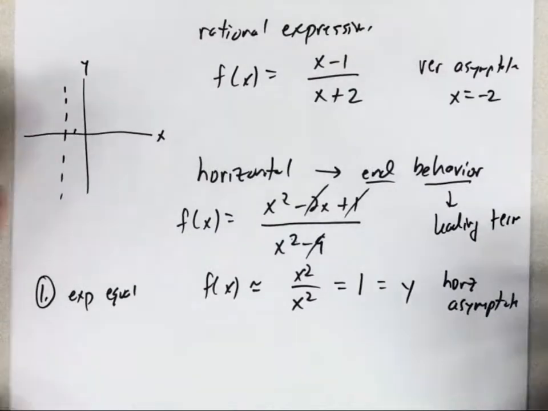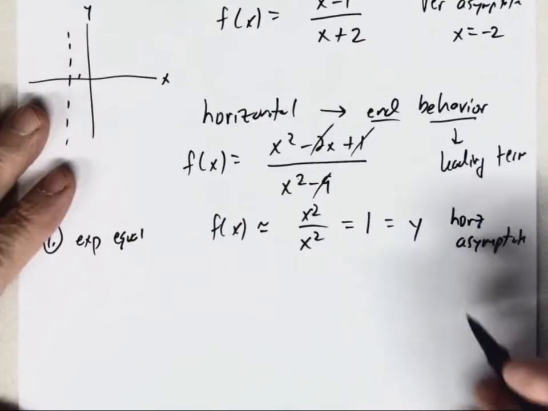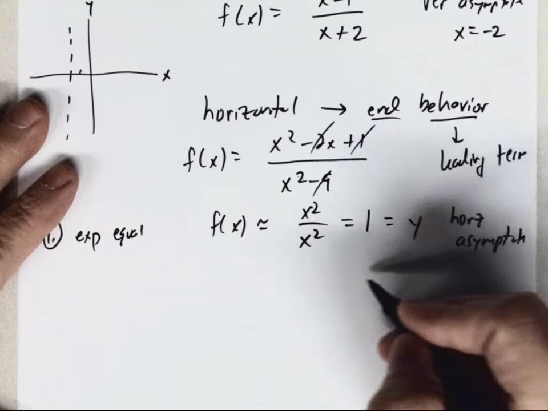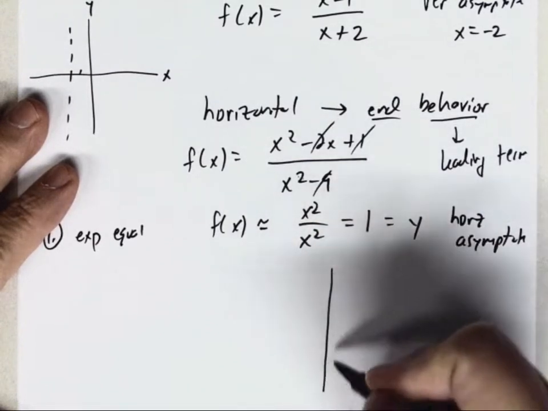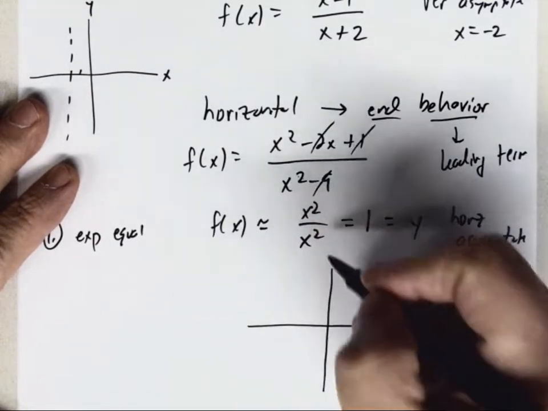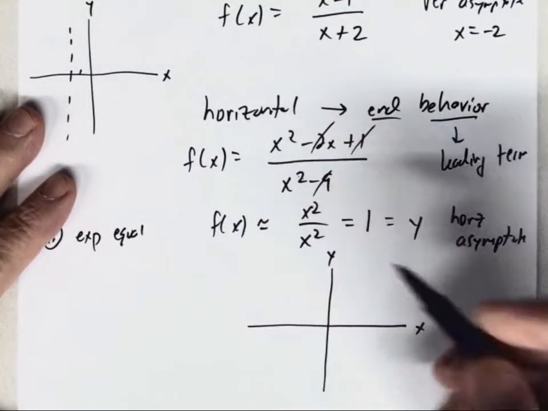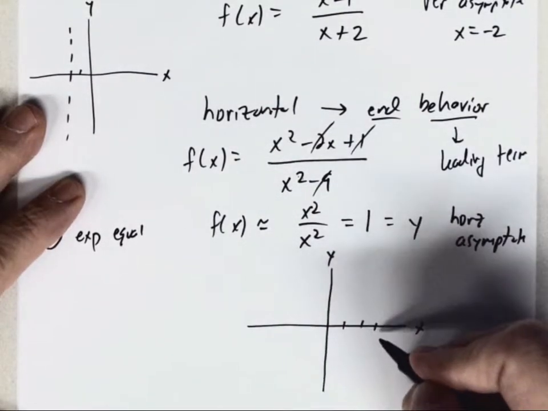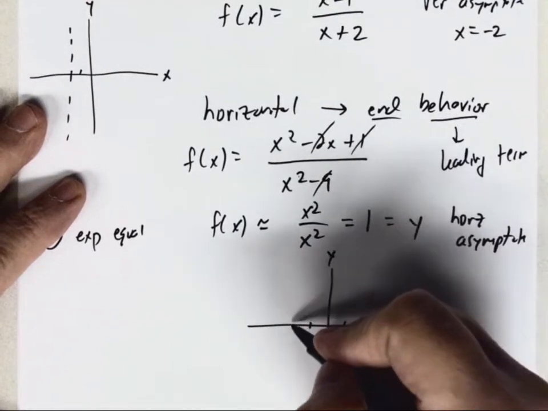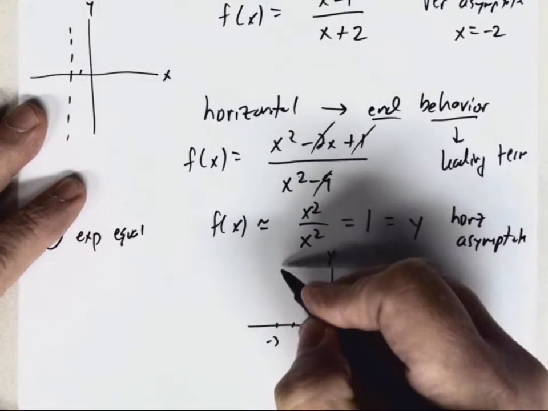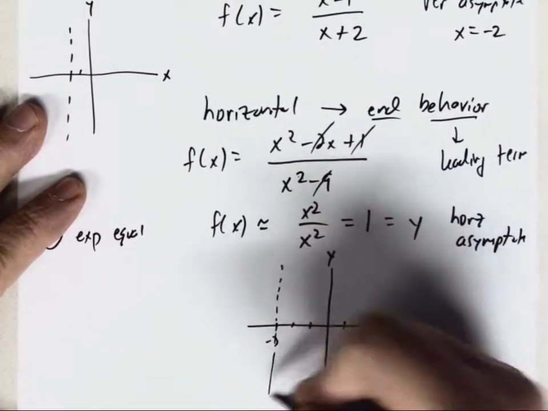So what's interesting is we can actually do some interesting stuff based upon just asymptotes. First of all, I said the vertical asymptotes should be 3 and -3. I can draw those in.